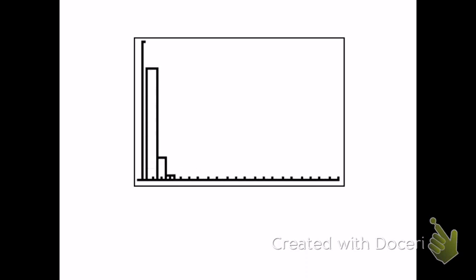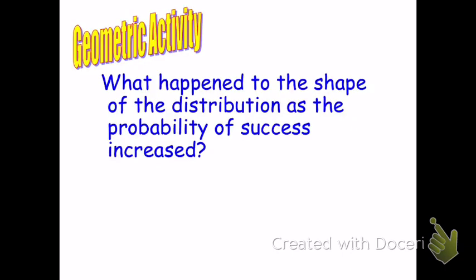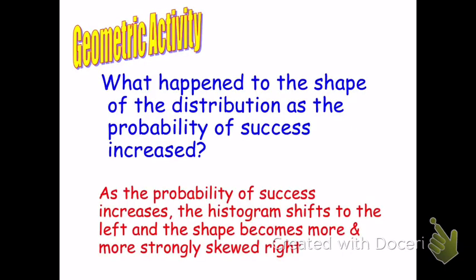If you have a really high probability, you're probably going to make the shot in like 1 or 2 shots. But when you only have a 10% chance, it's going to take you 5, 6, 7 times maybe. So as your probability is increasing, the histogram shifts to the left and the shape becomes more and more strongly skewed right.